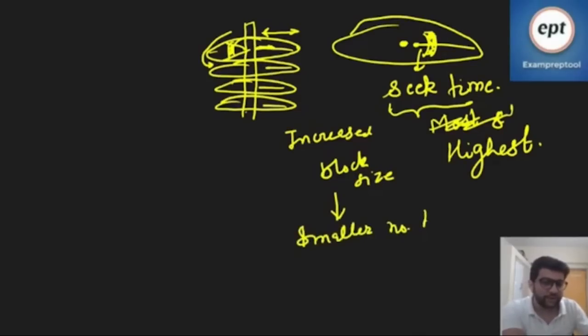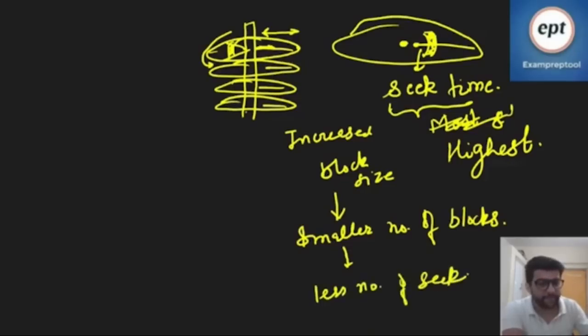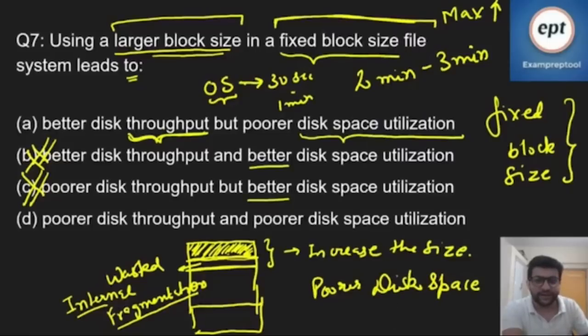And since it is stored in a smaller number of blocks, we need fewer seeks, right? And hence, since the number of seeks is less, it will be faster, right? So it will give us better disk throughput and poorer disk space utilization. So the answer will be A.